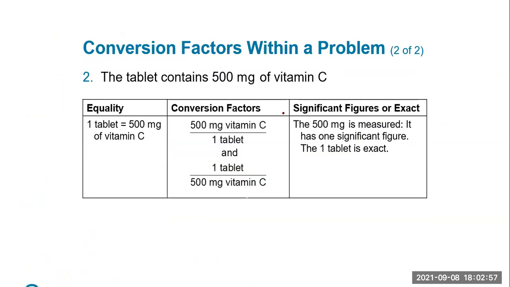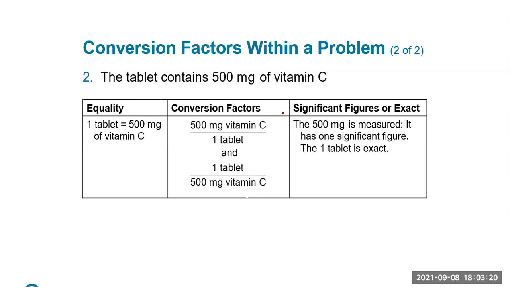Here's another conversion factor that you could draw from a problem. In this particular one, a tablet contains 500 milligrams of vitamin C. And basically the equality would be one tablet, 500 milligrams. 500 milligrams is a measured value, and it has one significant figure. And we would technically take those into account.